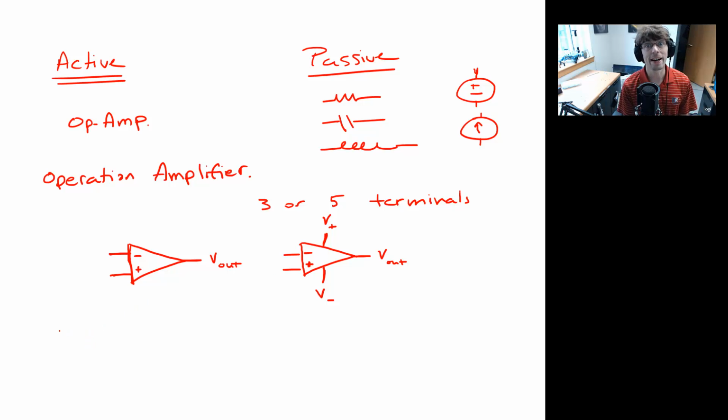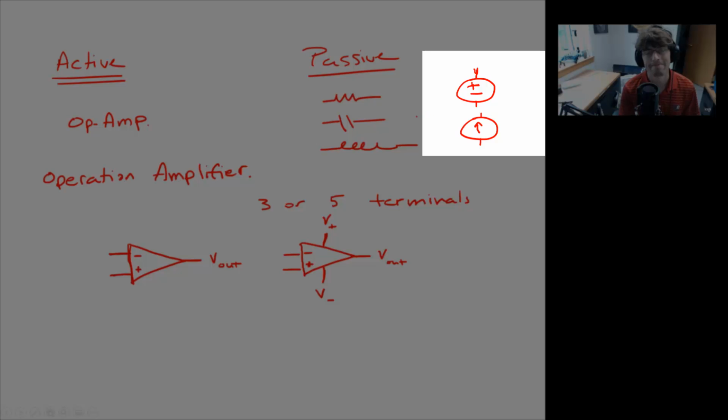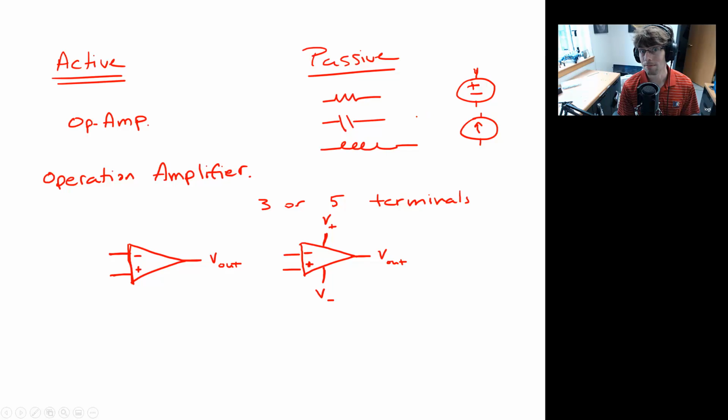Now, you might say, I know what negative and positive mean. We see it all the time in potential supplies. Don't kill the messenger. That's not what they mean here. Negative refers to an inverted input, and the positive is the non-inverted input.